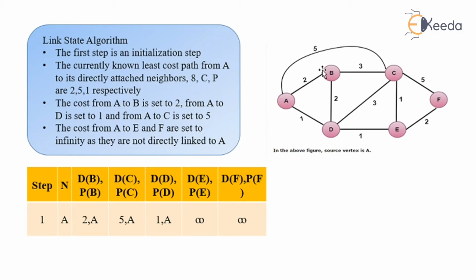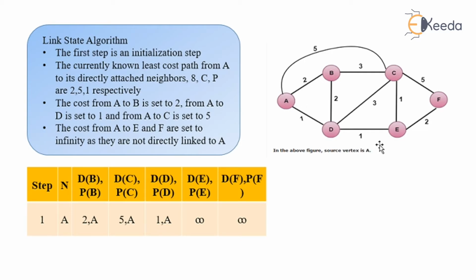So from A to B, the cost is 2, comma, the immediately previous neighbor is A. From A to C, as we just discussed, the cost is 5 and the immediate neighbor is A. Now A to D, the cost is 1, the immediate neighbor is A. Now A to E, please remember that here we are dealing with direct connections.